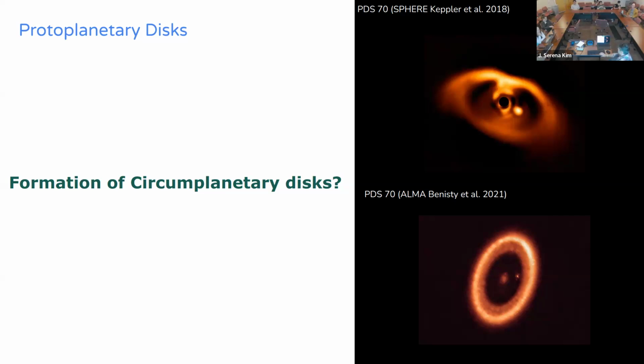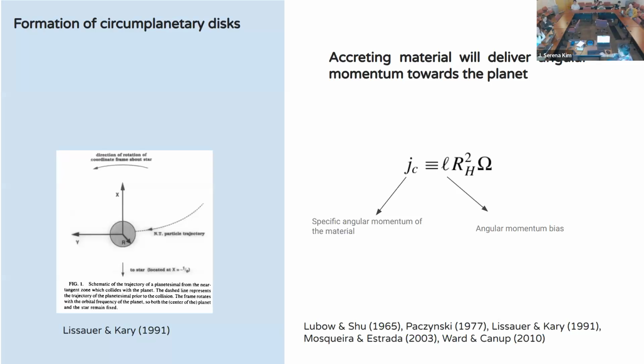So we want to understand the formation of circumplanetary disks, not only for the reason of the planet-moon system itself, but also for the detectability of the systems. We cannot see the signal from the planet, but maybe we can see the emission from the circumplanetary disk. So which type of emission can we get?